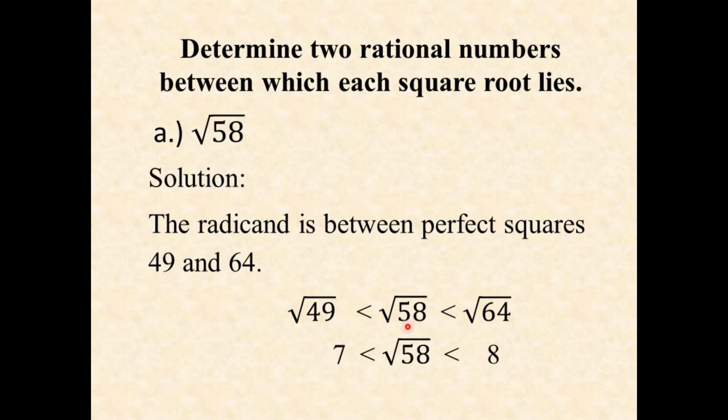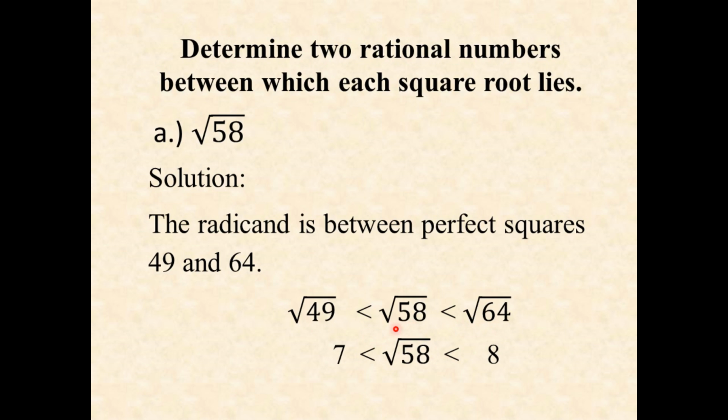The perfect square number less than 58 is 49, and the closest perfect square number greater than 58 is 64. Alright, so meaning square root of 58 is in between square root of 49 and square root of 64.